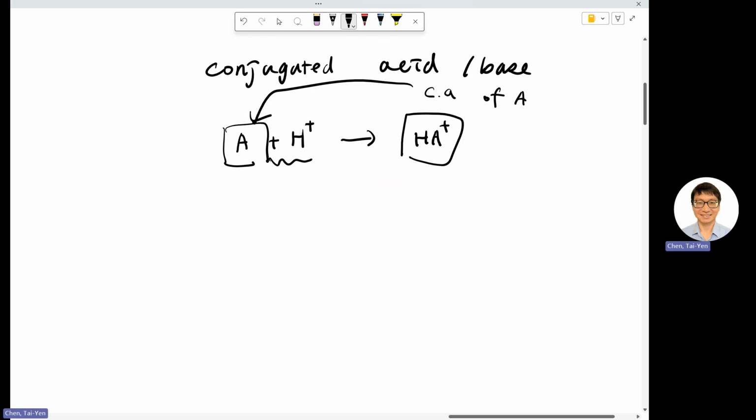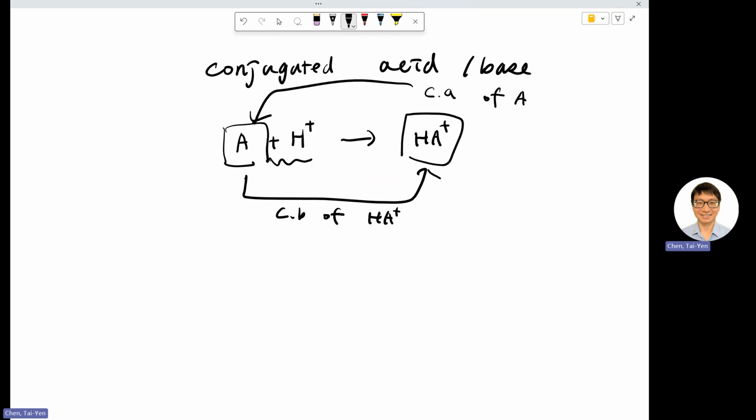Similarly, you can also say A is the conjugate base of HA plus. So the main difference between the two is the H plus, the proton.